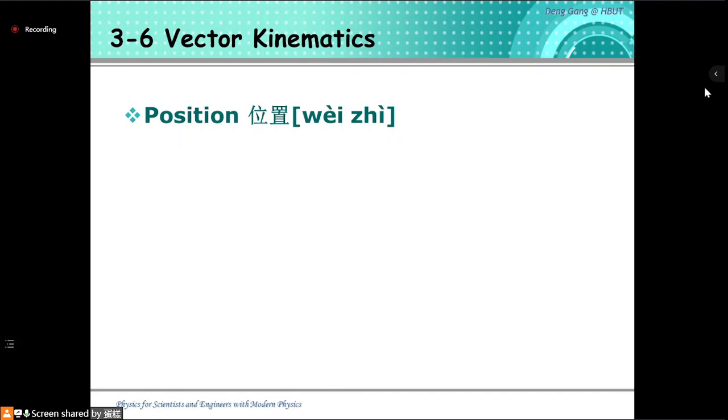In Chinese, we call it 位置, position. Originally, we use a coordinate to describe the position. But in vector kinematics, we need the position to be a vector. So how can we transform xy into a vector? That is very easy.